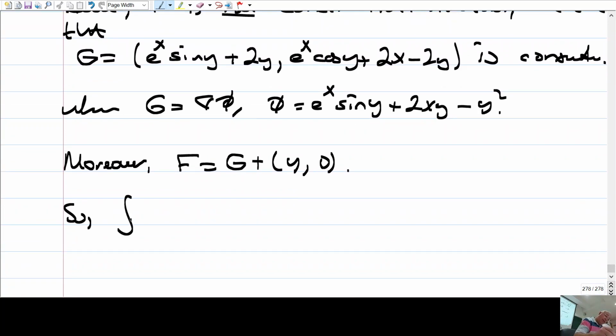So the integral of gradient of f dot dr along this closed loop is equal to what?